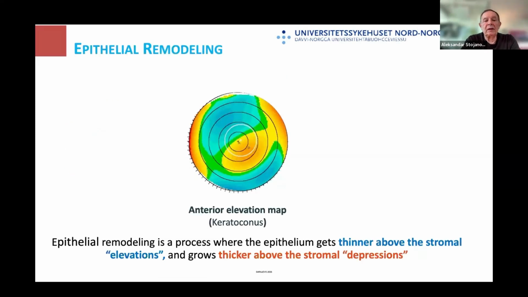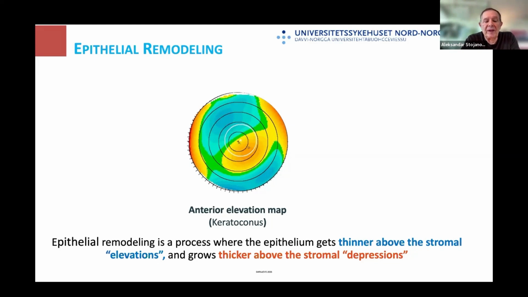The epithelial remodeling issue has been quite a hot topic for the last 5 to 10 years.